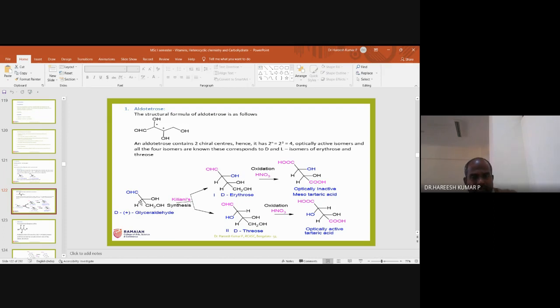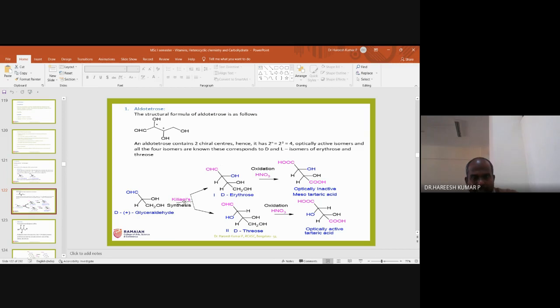So what is the difference between glyceraldehyde and erythrose? Here erythro indicates that the priority groups, the OH groups, are on the same side. Erythro means priority groups are on the same side.